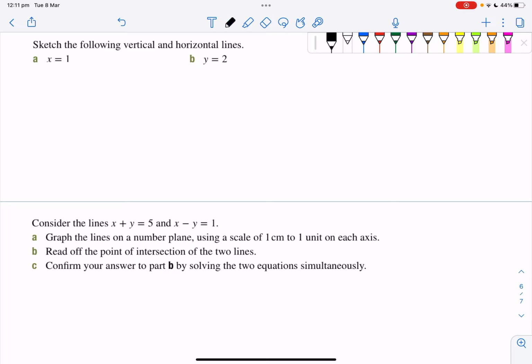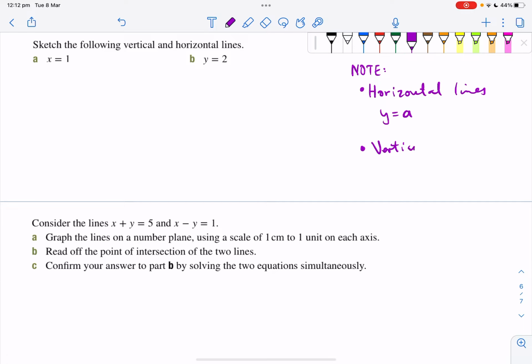Sketch the following vertical and horizontal lines. So this is nice and straightforward as well. Just as a note, horizontal lines are in the form y equals a, and vertical lines, I should probably, logic tells me to swap it the other way.